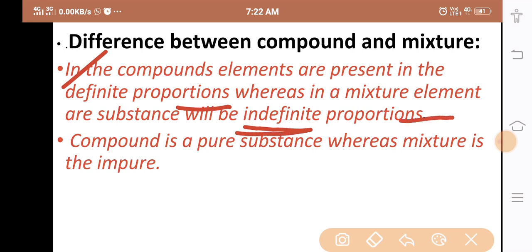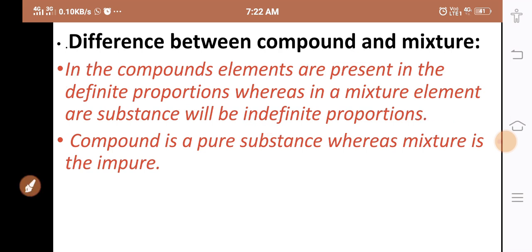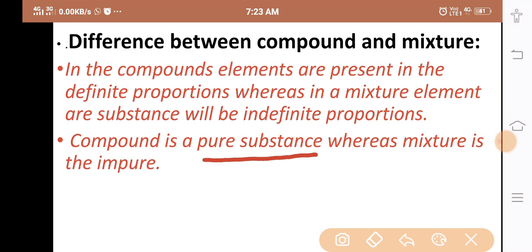If elements are present in definite proportions, it is a compound; if in indefinite proportions, it is a mixture. Second difference: a compound is a pure substance, whereas a mixture is an impure substance. This is the main difference.